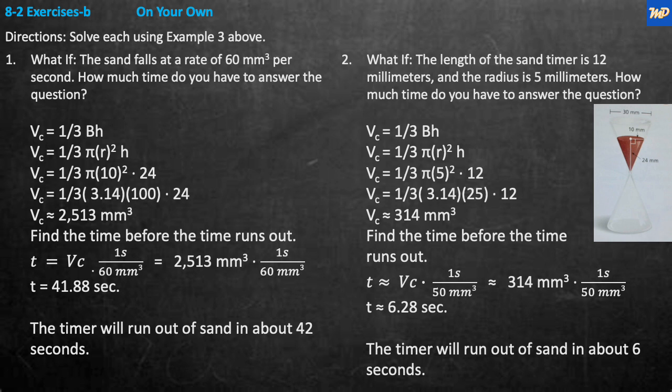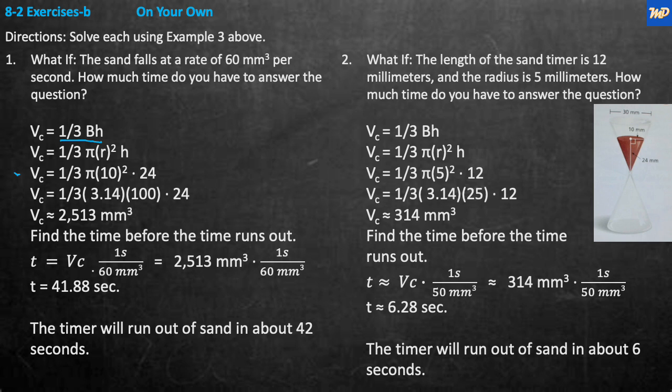So here we wrote it out. We have the formula. V of the cone is 1/3 the base times the height. And you know that. I don't have to even write too much about it, but here it is, 1/3 the base times the height. And we know that we can expand the base to pi r squared. And now in this line here, we have 1/3 pi times 10 squared.